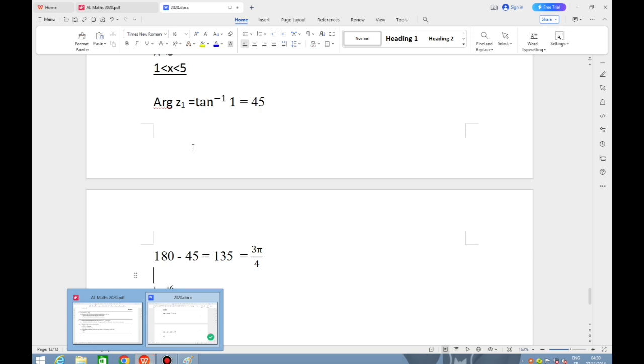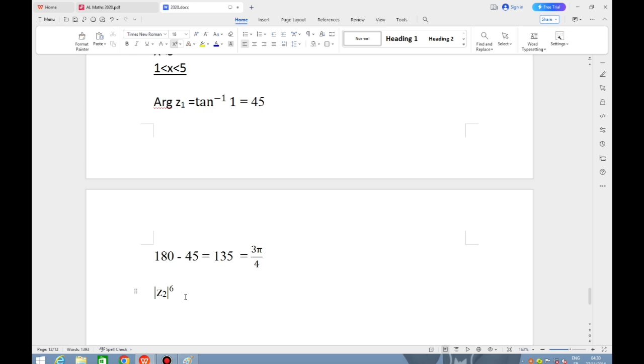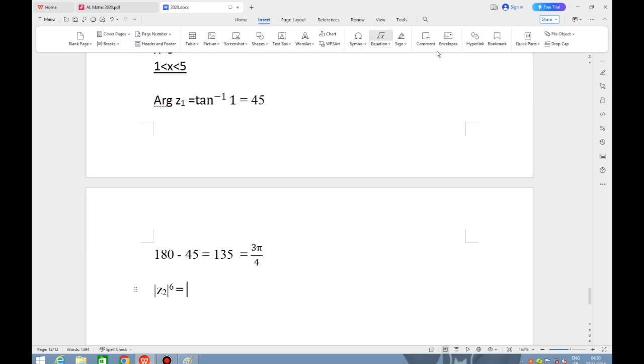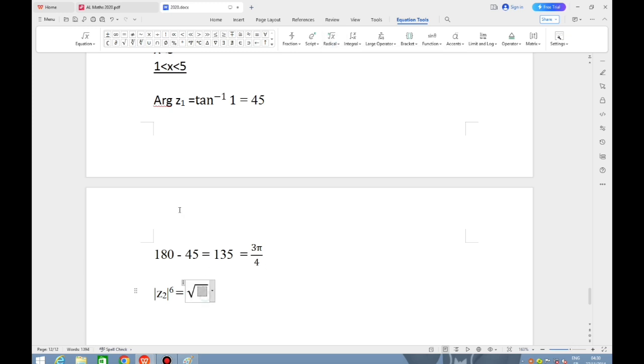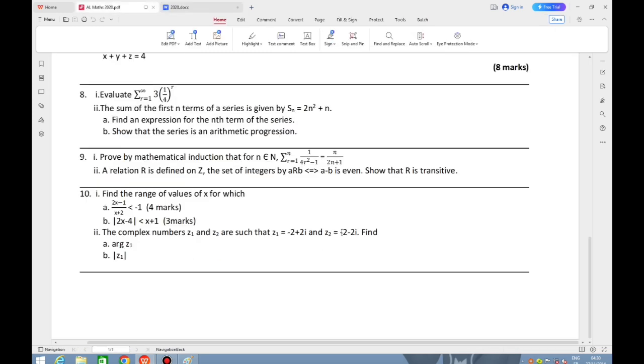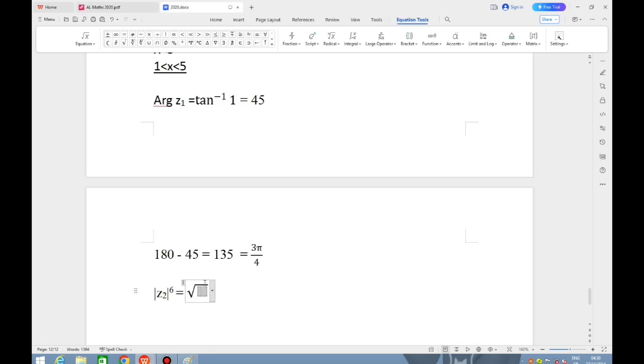This is equal to the square root of negative 2 squared plus negative 2 squared, that's the square root of 8, which is equal to 2 root 2.